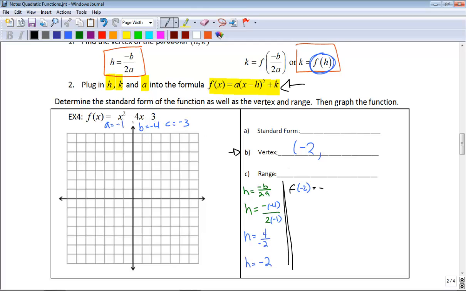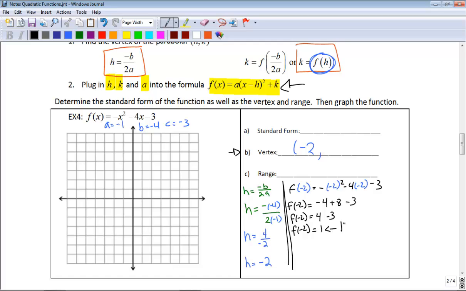So we have negative x squared, so negative of negative 2 squared, minus 4x. Instead of x, I'm going to write my negative 2, minus 3. If I work this out, f of negative 2 is equal to the negative of 4 plus 8 minus 3. Continue to go here. Negative 4 plus 8 is a positive 4, minus 3. f of negative 2 is equal to 1.